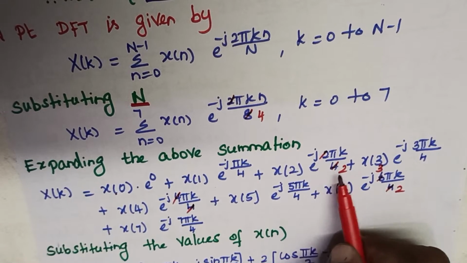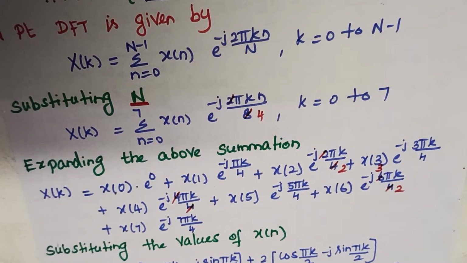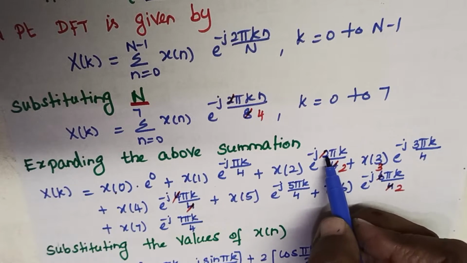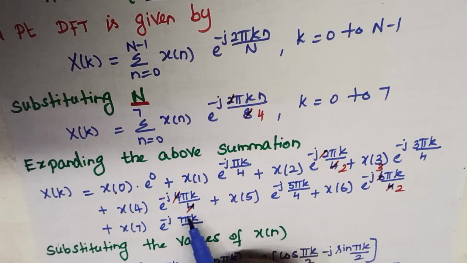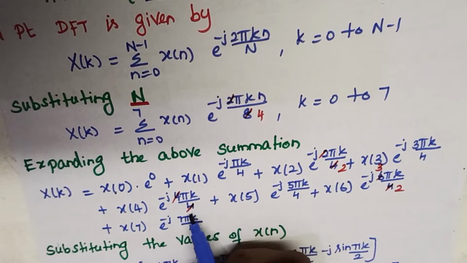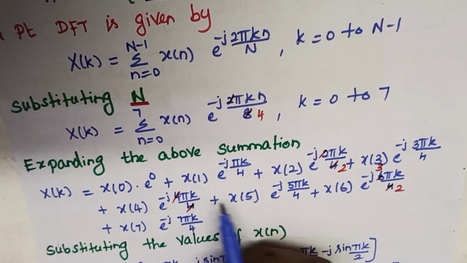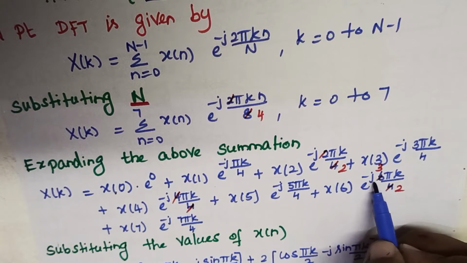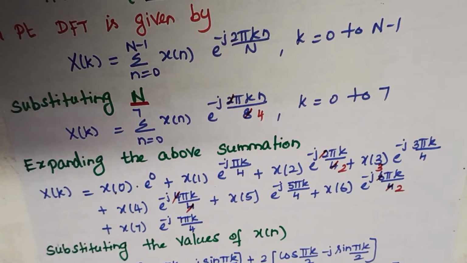Now we can cancel the terms that can be simplified by 2. Here 2 pi k by 4 becomes pi k by 2. Likewise, 4 pi k by 4 becomes e power minus j pi k. Here 6 pi k by 4, we can reduce as e power minus j 3 pi k by 2.